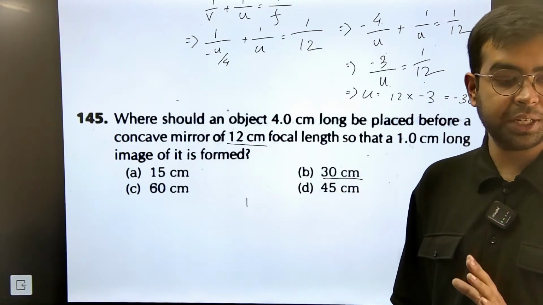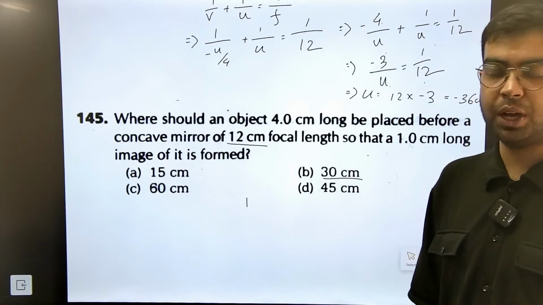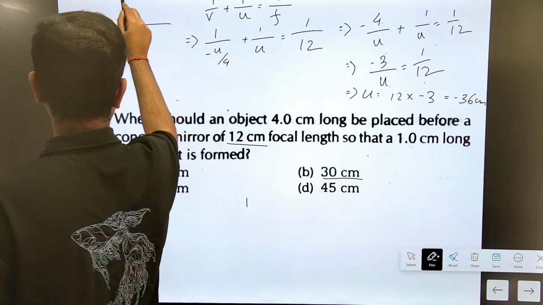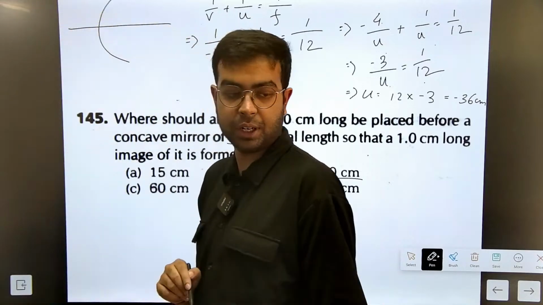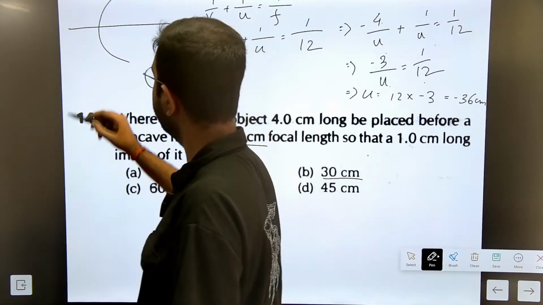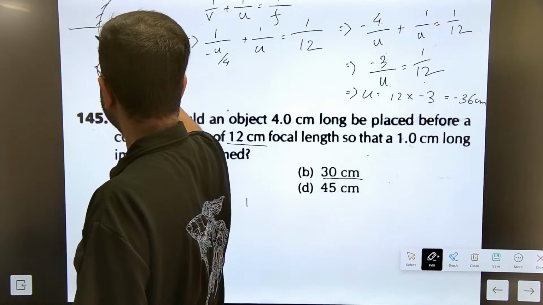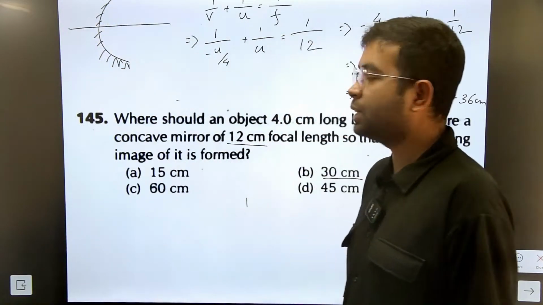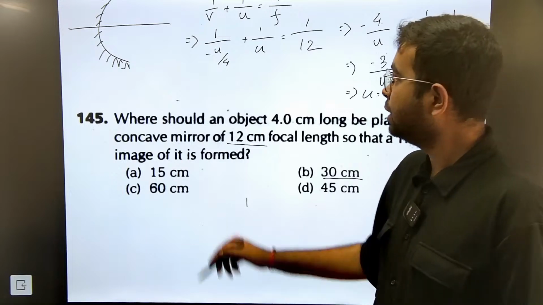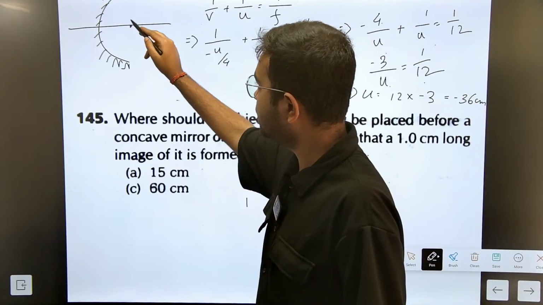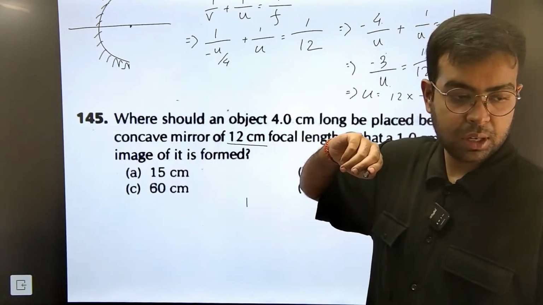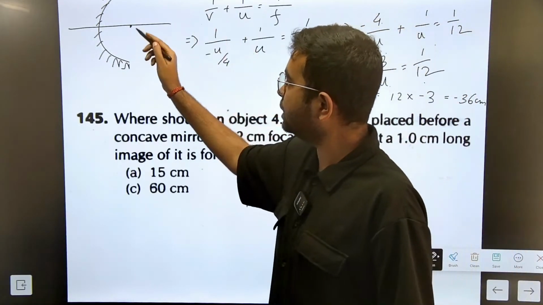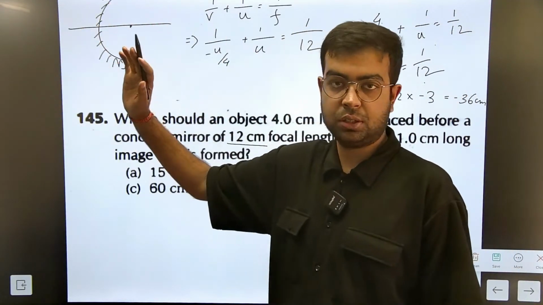नाउ व्हाट डज -36 सेंटीमीटर मीन हियर, लेंथ नेगेटिव में क्यों आया, सी -36 सेंटीमीटर मीन्स नथिंग बट दिस, मान लो ये मिरर है, ये तुम्हारा कनकेव मिरर है, ठीक है। -36 सेंटीमीटर मीन्स दैट कि अगर ये फोकस है ना, if this is the focus, -36 centimeter means that the object is placed behind the focus.